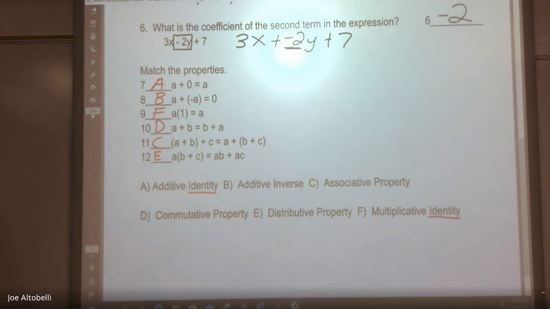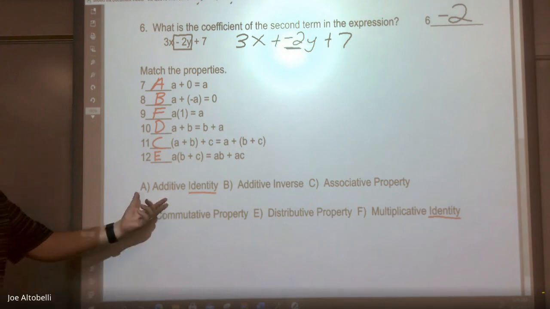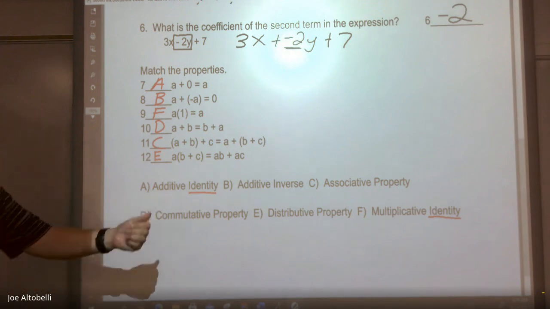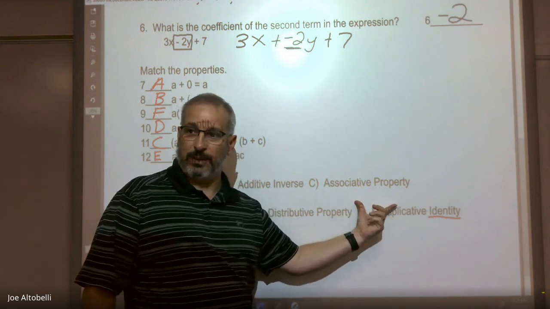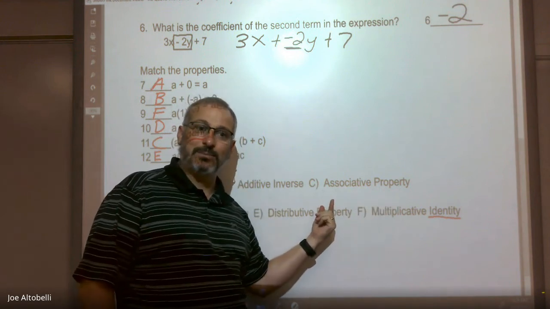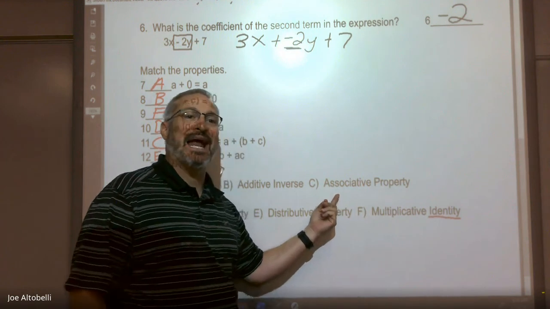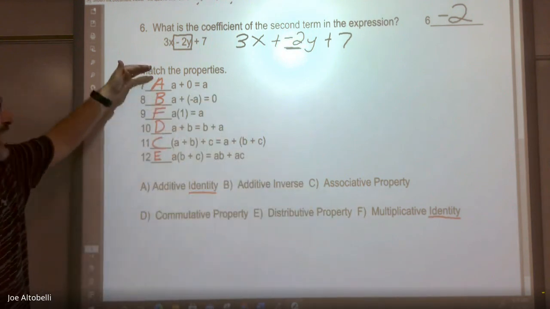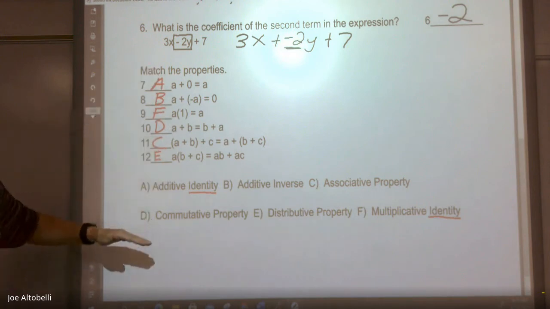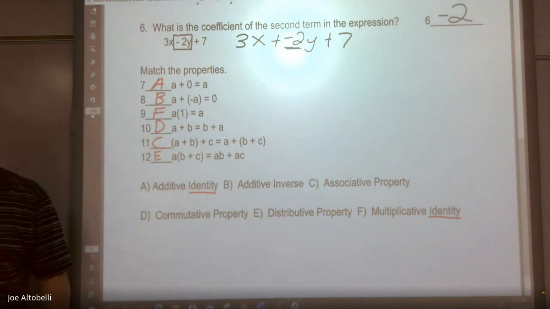Also, another common mistake: associative property, what does it start with? A. So sometimes people accidentally put an A instead of the C. So when you get done, make sure there aren't any repeats, okay?